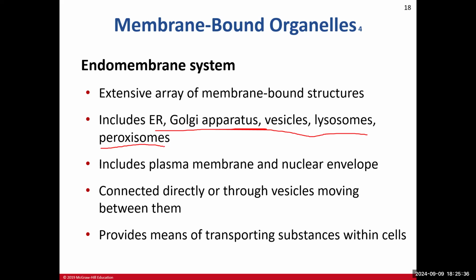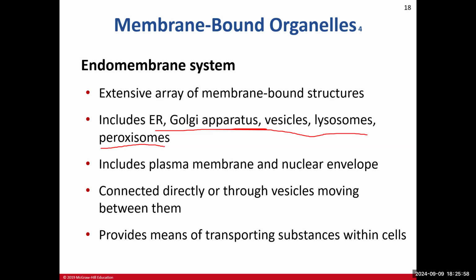Remember, those proteins, when we put them in the transport vesicle, when we dump them out into the cytoplasm, they really don't have any mechanism of movement per se. They don't have a flagellum that can move it around the cell. Right? So this endomembrane system helps to transport these things that we're making.